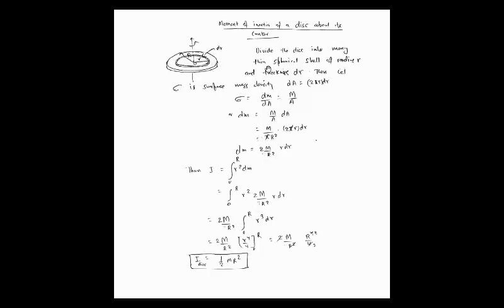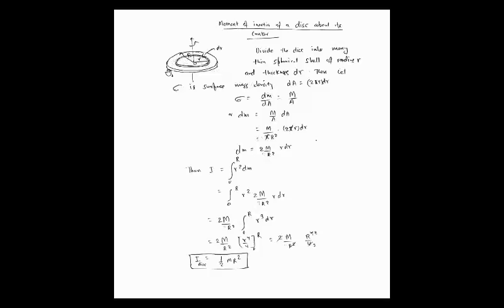You can consider dividing this solid disk into thin rings having a radius r and thickness dr. You can assume that the disk is made up of many such rings, and you can just integrate from 0 to r to calculate the total moment of inertia.